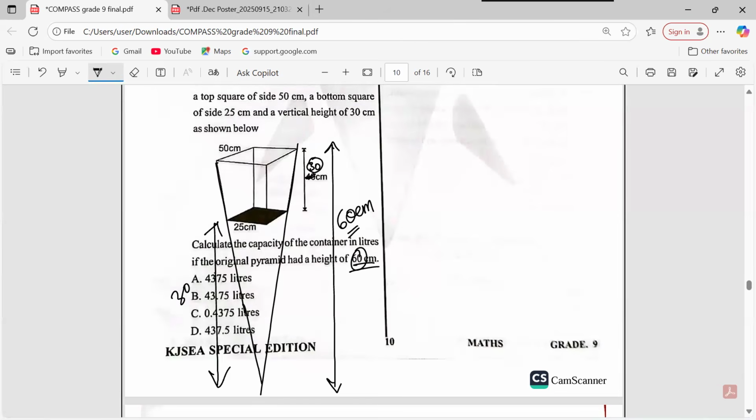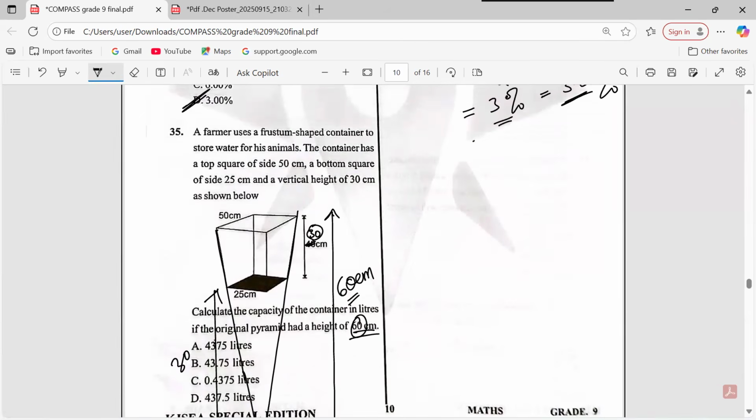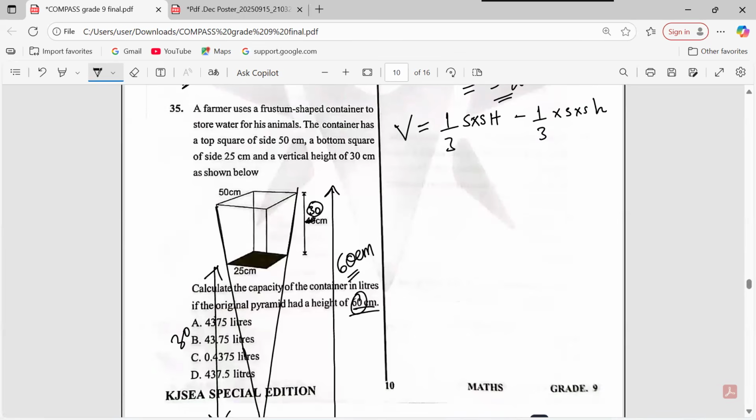the capacity after conversion. Therefore, we say that a volume of a pyramid is usually given by a third base area times height. Being a square, we shall talk about side times side, then we multiply by height. Then we subtract a third for the smaller pyramid now, multiplied by small side times side again times small h. We can now proceed to directly apply this. A third multiplied by 50 times 50, that is now a third base area times height.